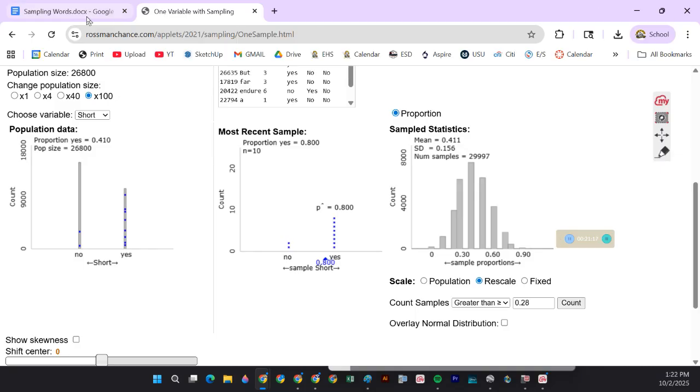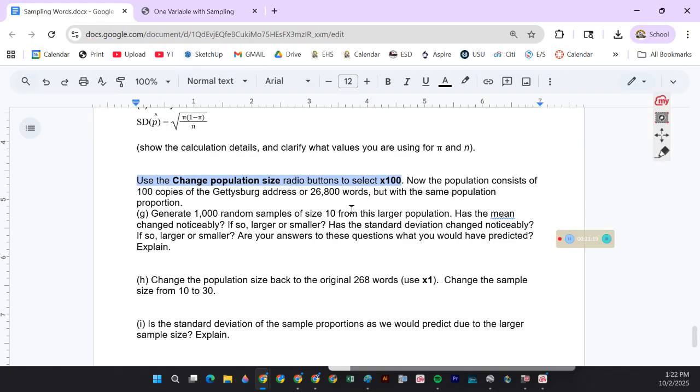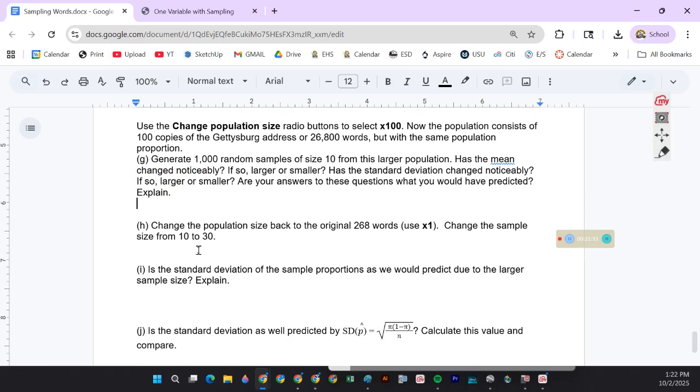All right? But, okay, so has the mean changed noticeably? No. Has the standard deviation changed noticeably? No. So are your answers to these questions what you would have predicted? I'll let you answer that.